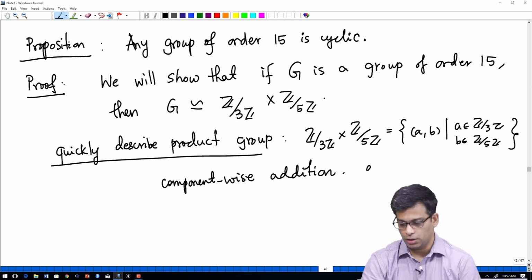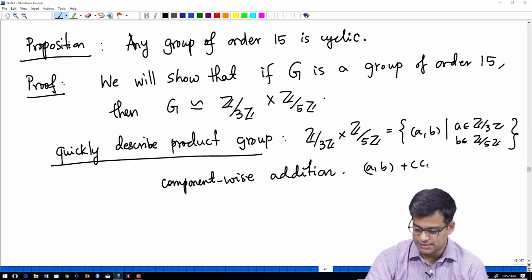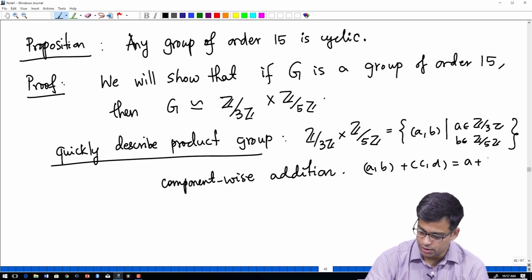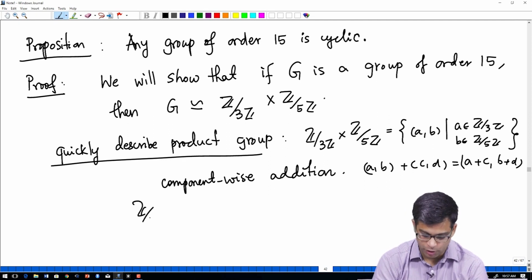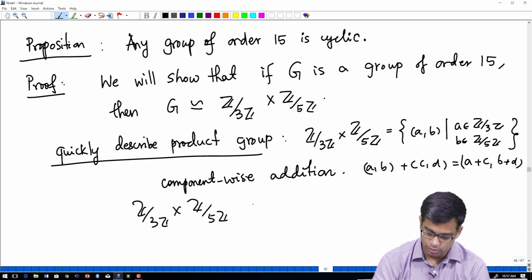Okay, so in other words, A comma B plus C comma D simply is A plus C comma B plus D. Okay, and inverse of A comma B will be minus A comma minus B. Identity will be 0 comma 0. So Z mod 3Z cross Z mod 5Z is a group under this.